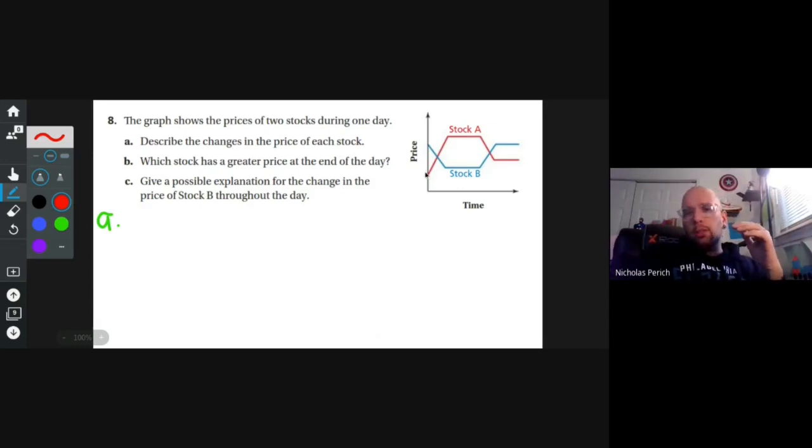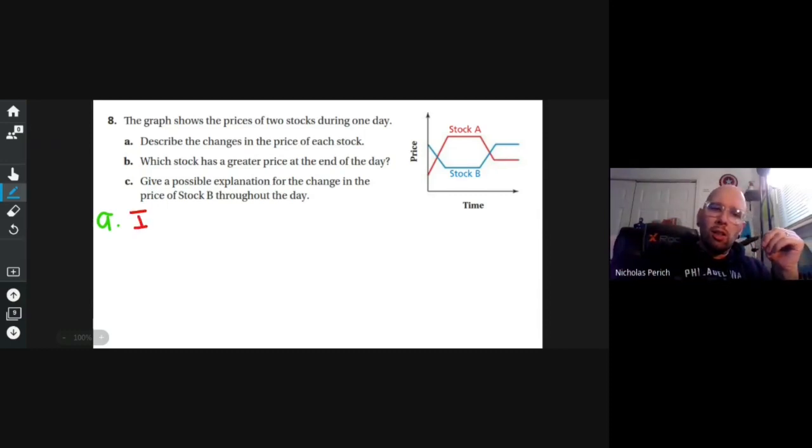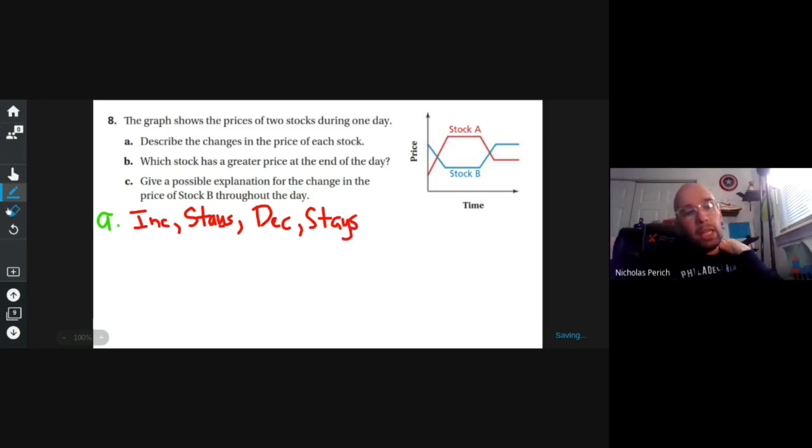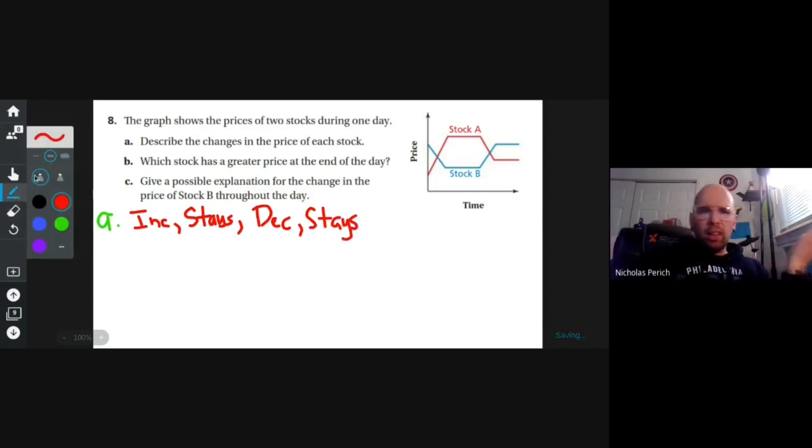It increases at a constant rate, stays the same, decreases at a constant rate, stays the same. B is going to be basically the opposite.